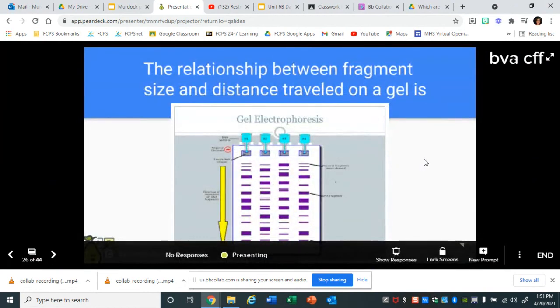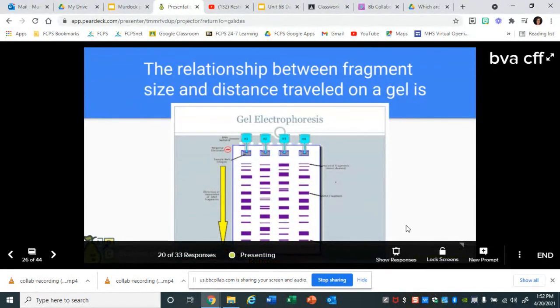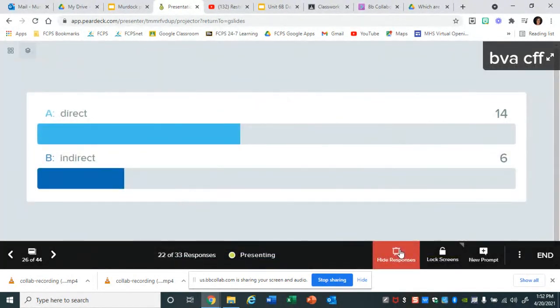Yes. The relationship between fragment size and distance traveled on the gel. Take a guess at this. So the larger the fragment size, the more or less distance you think they will travel. It is an indirect relationship.